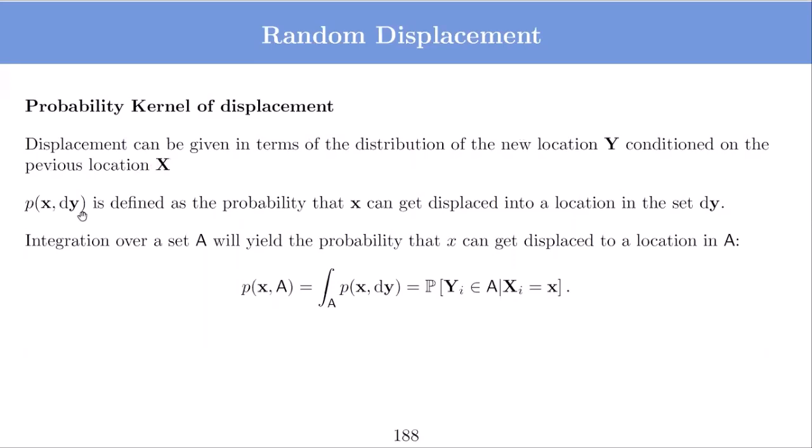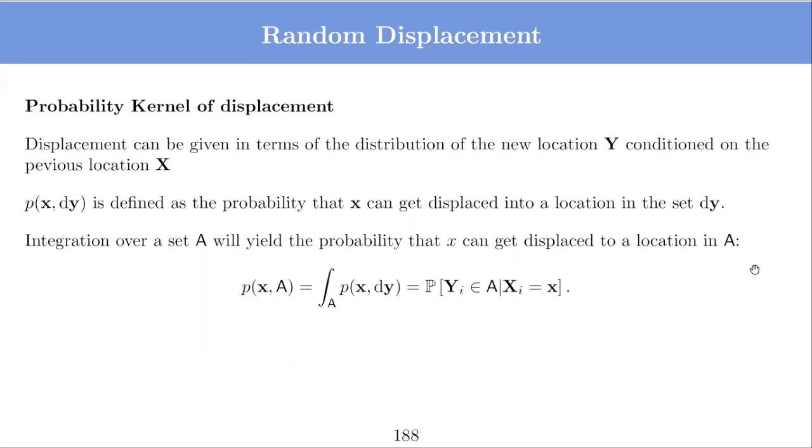So P(x, dy) is known as the probability that a point at x can get displaced to an interval dy. So for every point x, you specify the probability that this point will move to an interval dy.